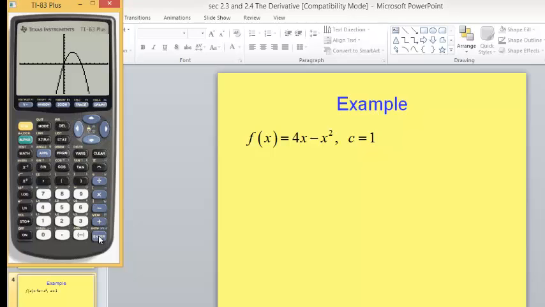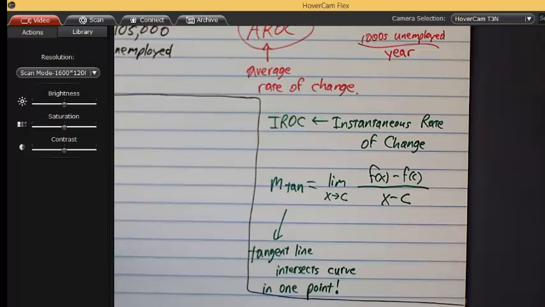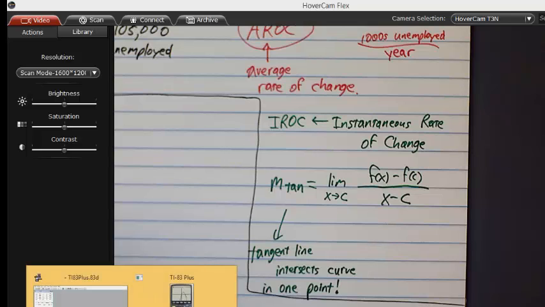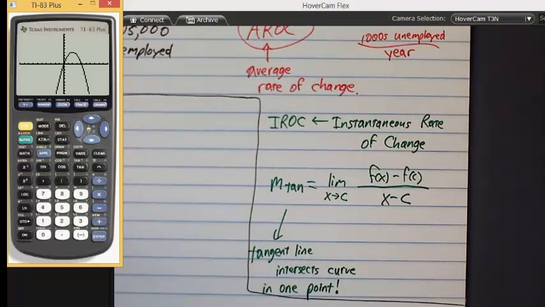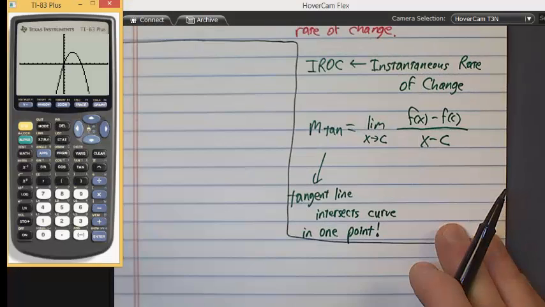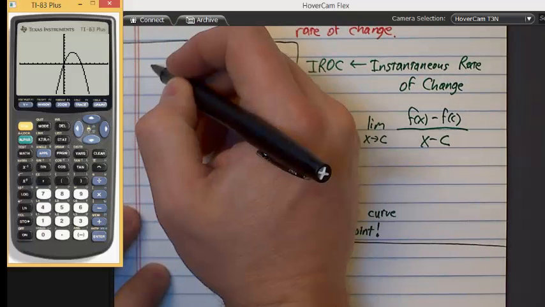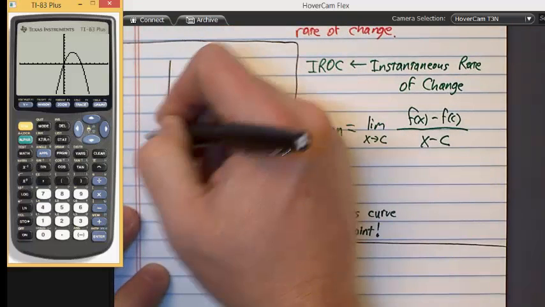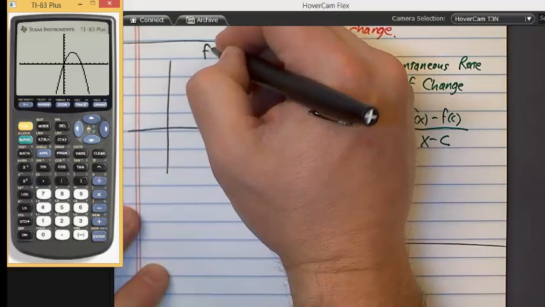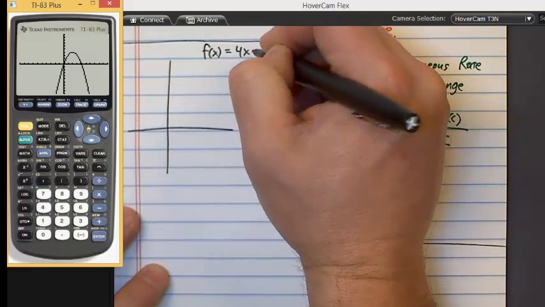We see that a lot. I knew that would happen. It's degree 2. Okay? So I want to take that picture and think about what I can say about that. I mean, f of x equals 4x minus x squared.